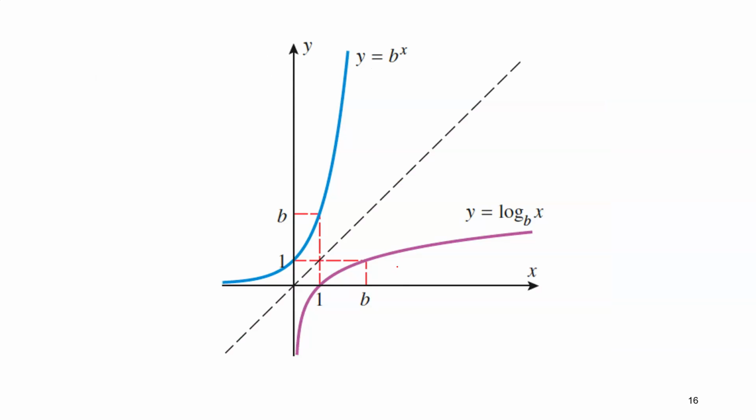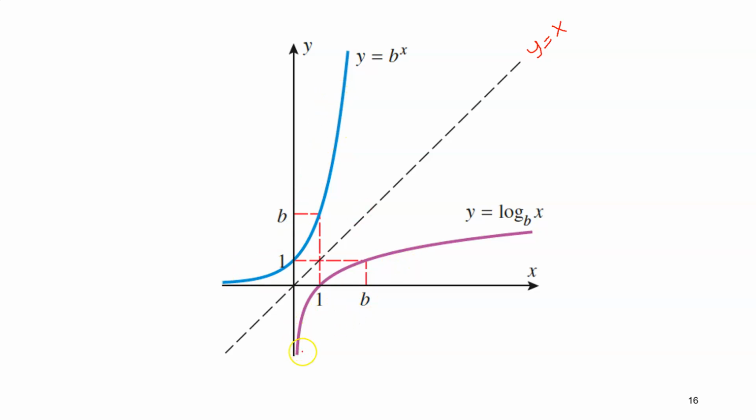So this is how the graph of log and exponential looks. Kan kita tengok kalau inverse function dia simetri dekat paksi y equal to x. So you have this one is exponential, y equal to b to the power of x. So you have this kind of graph.